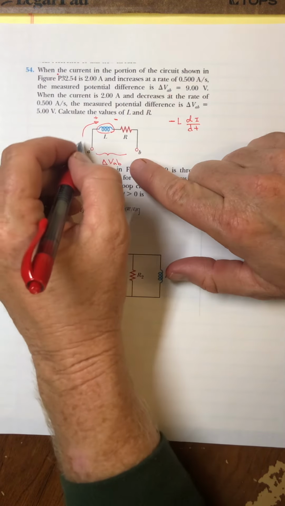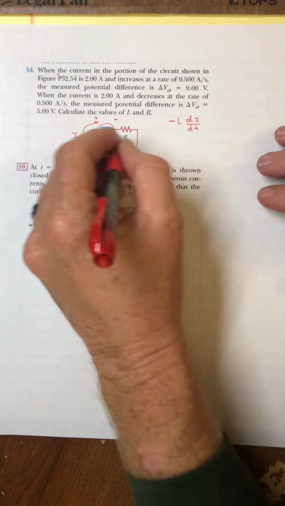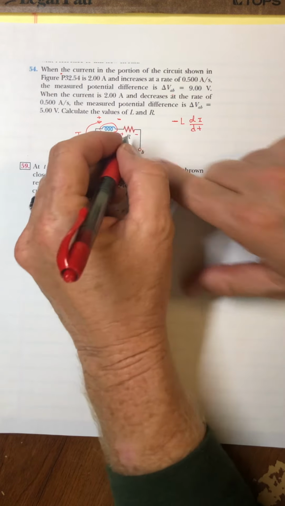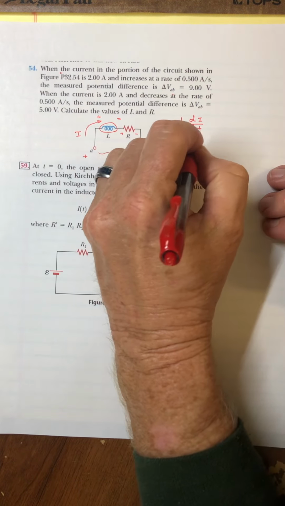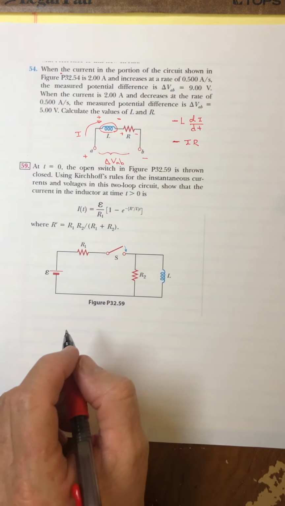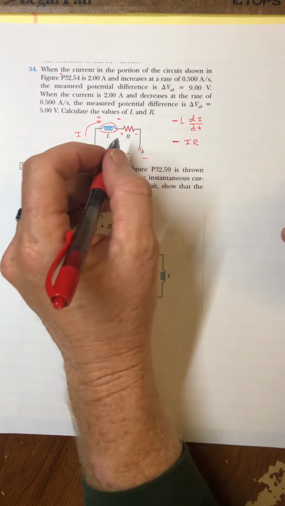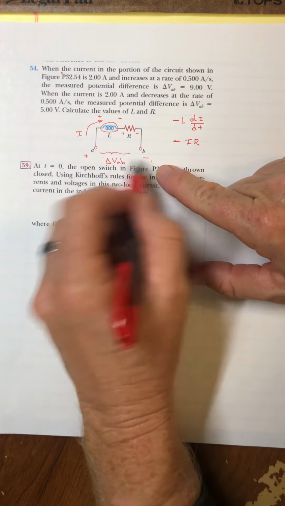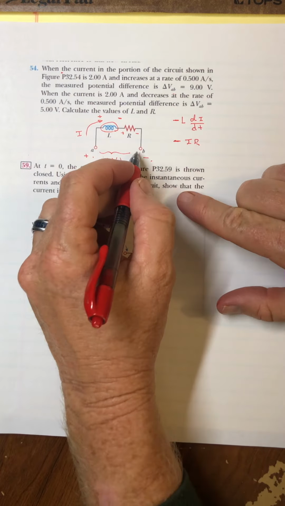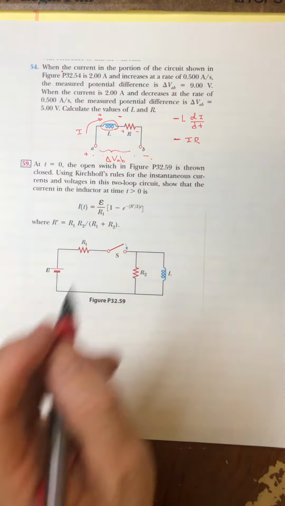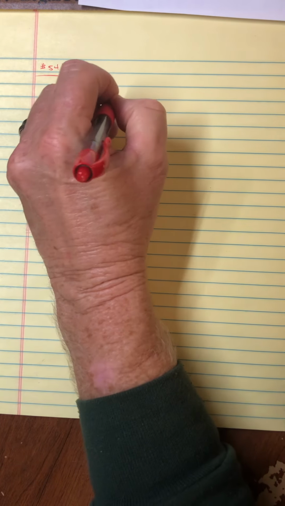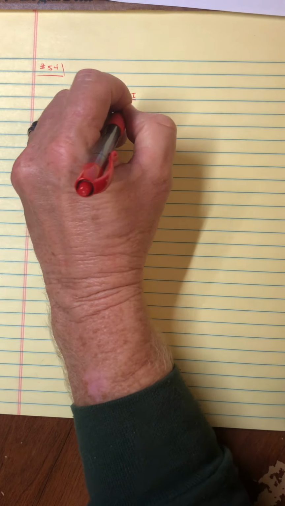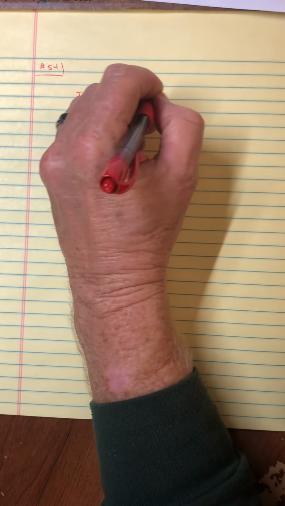And then, of course, if this is the direction of the currents, we would also go down, plus, minus, on the resistor. So that would be a minus IR. And so they're both, I guess, a down of 9 when we go from here to here, or you can say it the other way around, they're an increase of 9. I think what I'm trying to say here is if I take the voltage on the resistor and combine it with the voltage on the inductor, we're talking about 9 volts here.